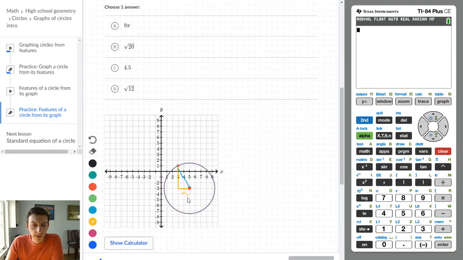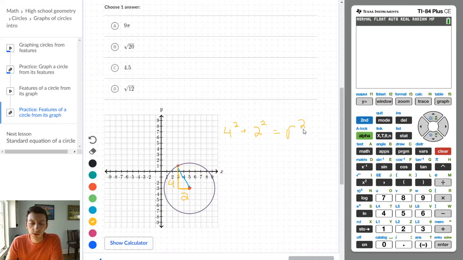Now, this distance is 2, and 1, 2, 3, 4. So I believe that distance is 4 on the left side of this. So I should be able to set this up where I've got 4 squared plus 2 squared is equal to my hypotenuse, which I'll label as r for the radius.